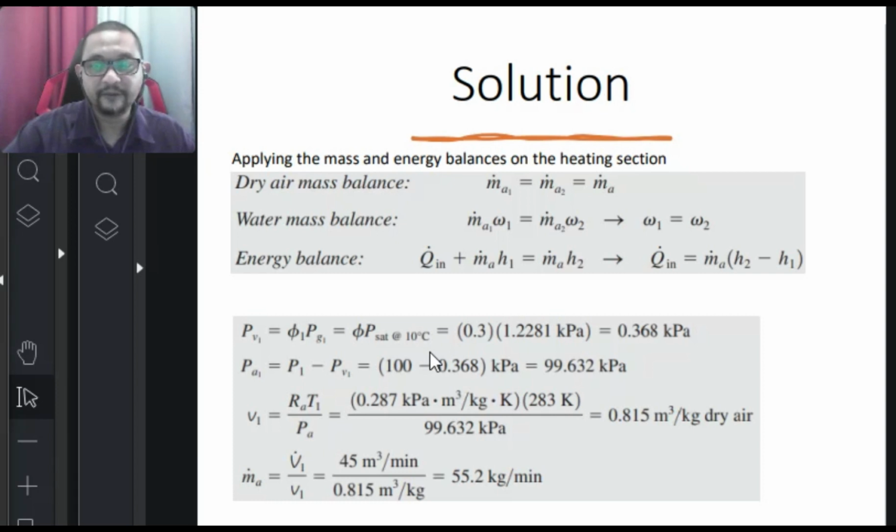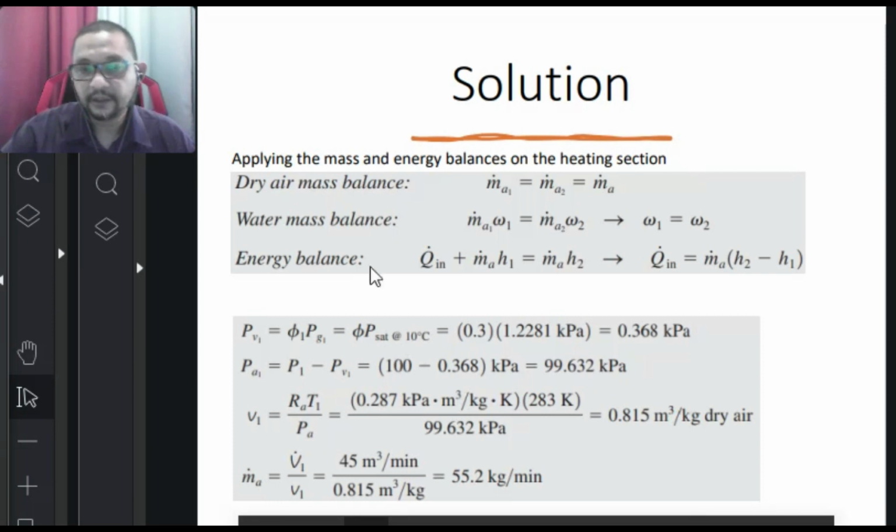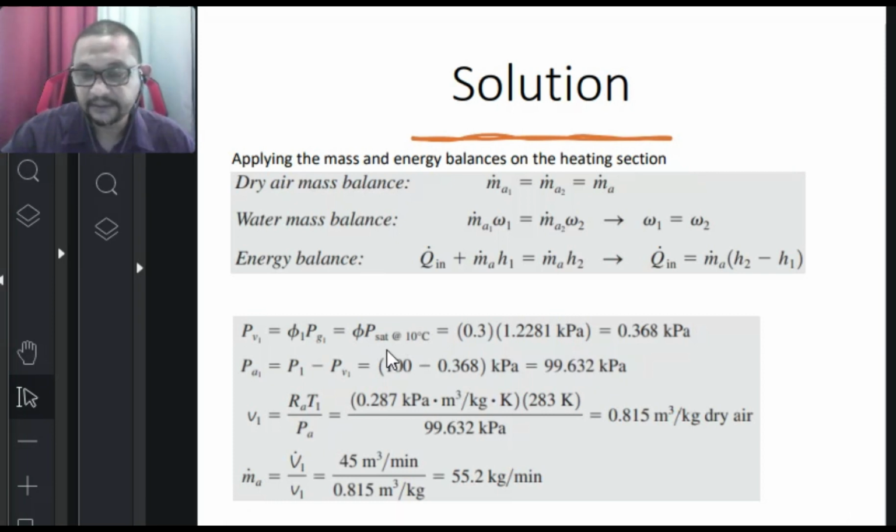All the values I have mentioned are based on the properties table A4. So come back to the equation. You know the P saturated at 10, then put all the values in the equation, and it will give 0.368 kilopascal for P water vapor at point 1.